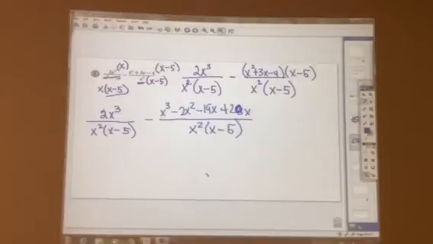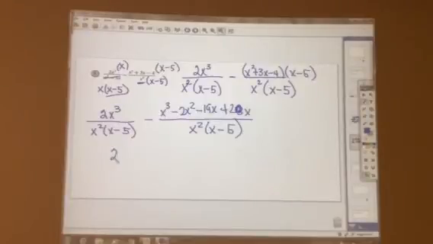Now here's the deal when you're doing subtraction instead of addition. Since this is subtraction, that means I'm going to have to do what with all of these signs right here? Yes, I'm going to have to change them. Leave, change, change, change, change, change.